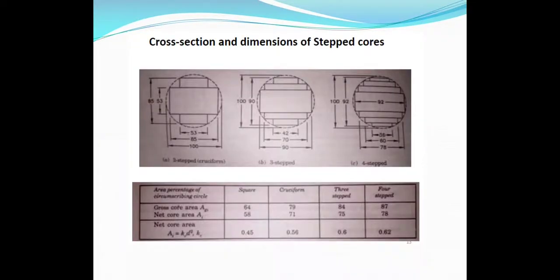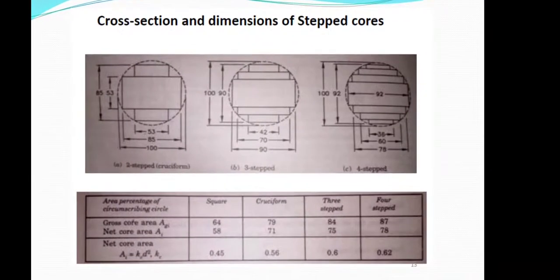And this slide shows that whenever we choose a different shaped core, the area of utilization increases. Here we have the ratio of Ai to the area of the circumscribing circle, and Agi to the area of the circumscribing circle.